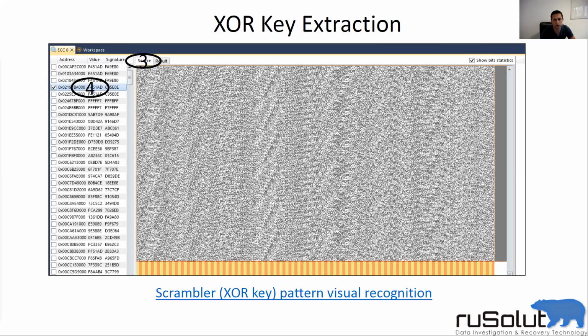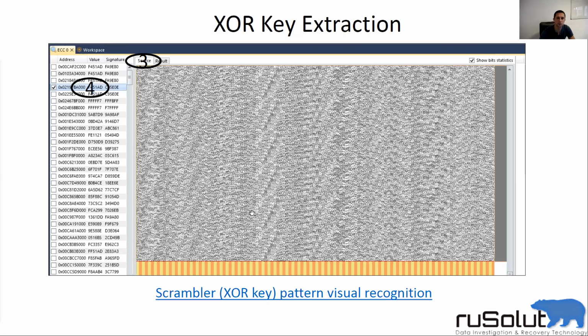The next step would be to understand how many XOR keys you may have in this one block. Because one block may have several XOR keys inside. Usually it's 2 keys, or 6 keys, 4 keys. And how can you see that? You should just have a look at the patterns and check how many repeatable patterns you can recognize here.